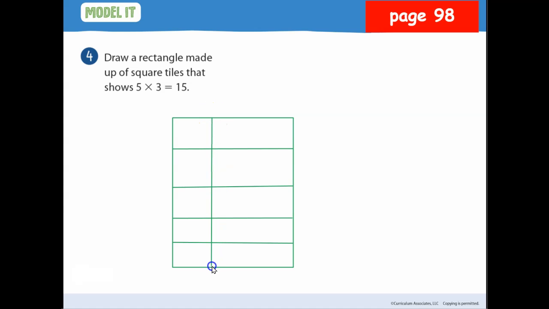So your array, as we call it, should look like this. If I did it right, you should be able to count 15 squares, right? 1, 2, 3, 4, 5, 6, 7, 8, 9, 10, 11, 12, 13, 14, 15. That's correct, because 5 times 3 is 15. Again, that's another strategy.